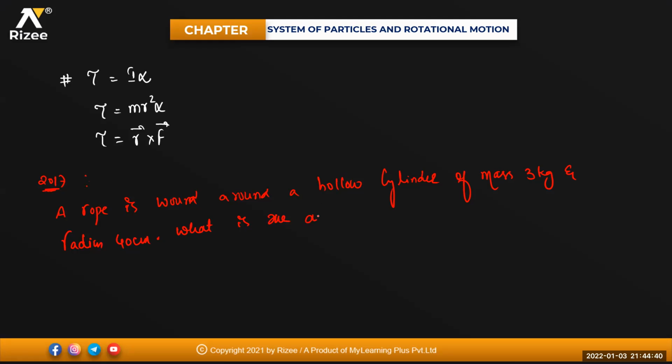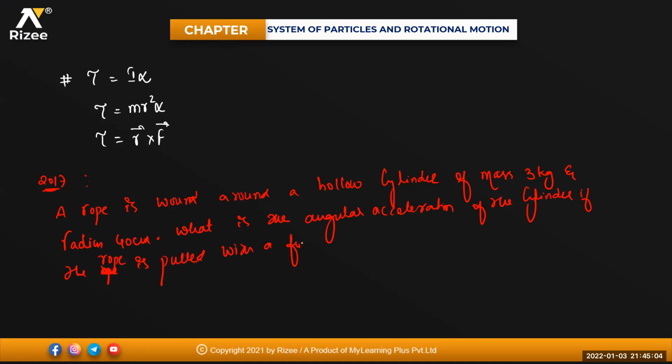What is the angular acceleration of the cylinder if the rope is pulled with a force of 30 Newton? So try to do it.